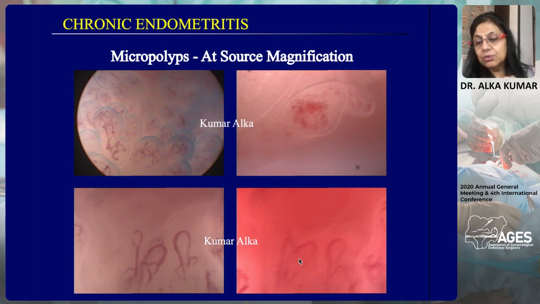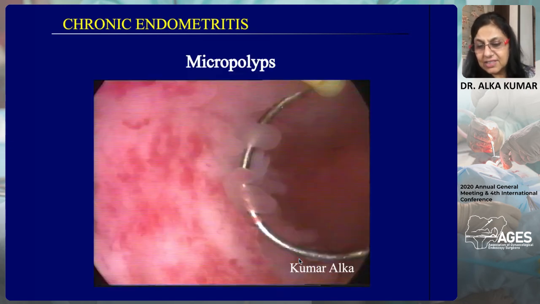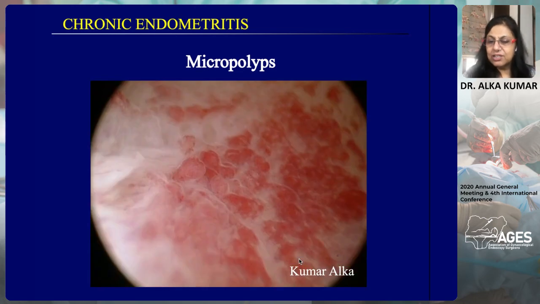All you need to do is go close to the endometrium, and sometimes you will get to see these kinds of clear pictures if you have a stable distension. This is how you can get to see the micropolyps. In this picture, we have put the loop purposefully for academic purposes, to show that the micropolyps are translucent to light. They have this infiltrate, so they are translucent to light, and this is how they look.